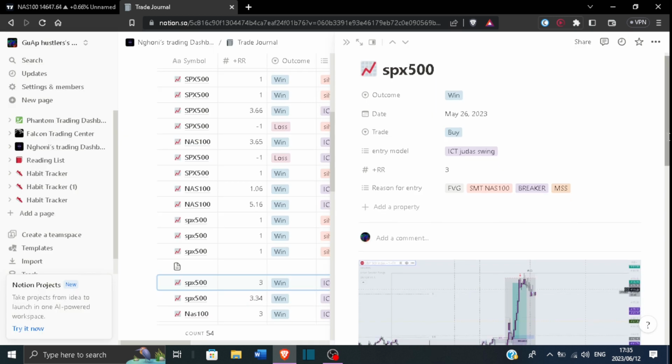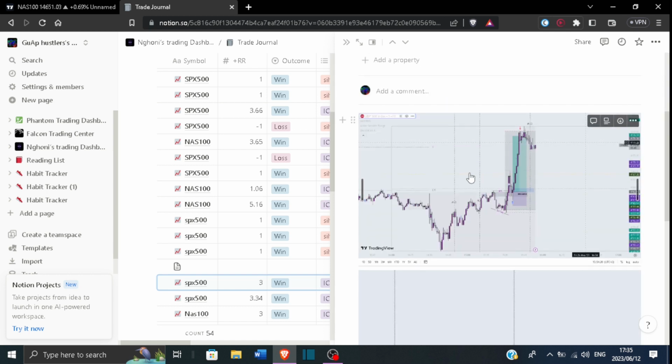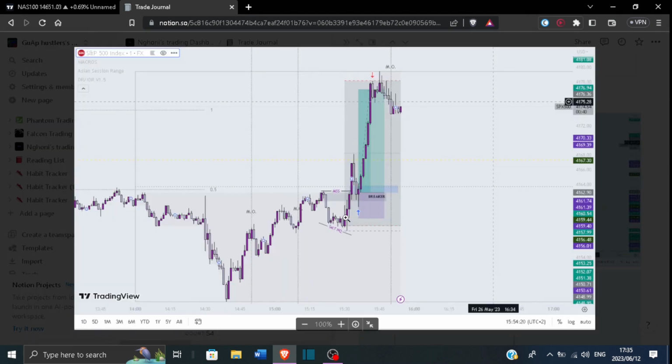This was on the 26th of May, an ICT Judas swing setup as well. So let me show you guys what happened here. So the market opened here at 9:30. The market went low a little bit and took out this small little liquidity that we had here on SPX 500.